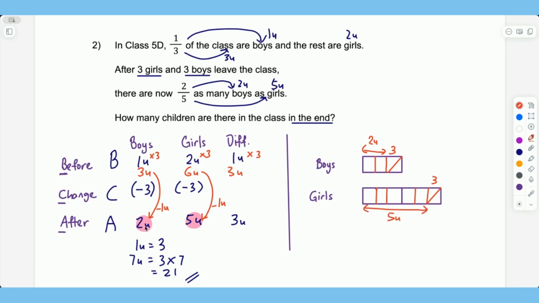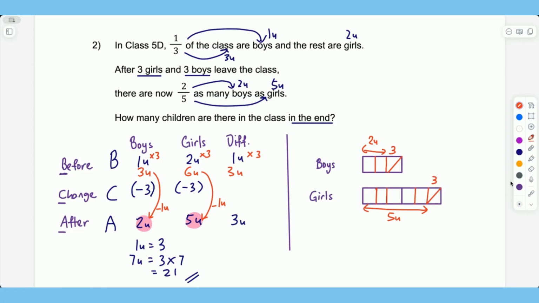And that's what we see here, 2 units and 5 units. Okay, this 3 here is the actual number of boys. So 1 unit is equal to 3 boys. And this 3 here is the actual number of girls. So 1 unit will be 3 girls.